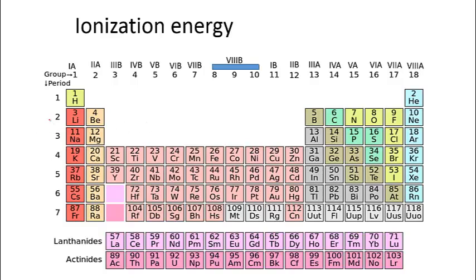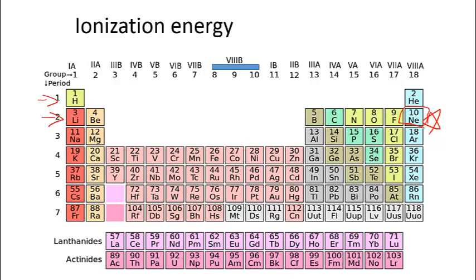So if we start with period 2, because period 1 is not necessarily very representative because it consists of hydrogen and helium, but starting with period 2 and moving across from lithium to neon here, the ionization energy will increase as we move across from lithium to beryllium to boron, carbon, nitrogen, oxygen, fluorine, and then finally ending with neon.